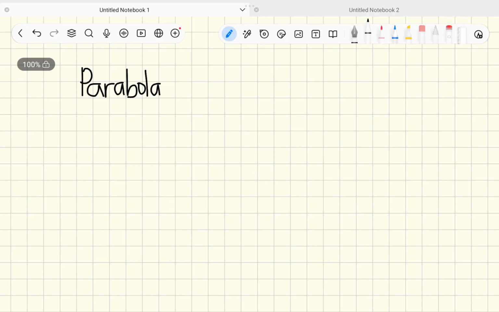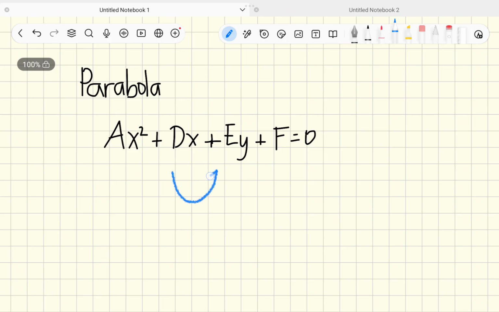If you have the general equation ax squared plus dx plus ey plus f equals 0, the parabola is either smiling or sad.